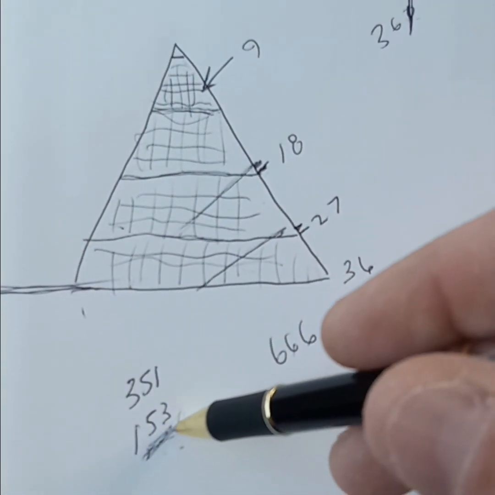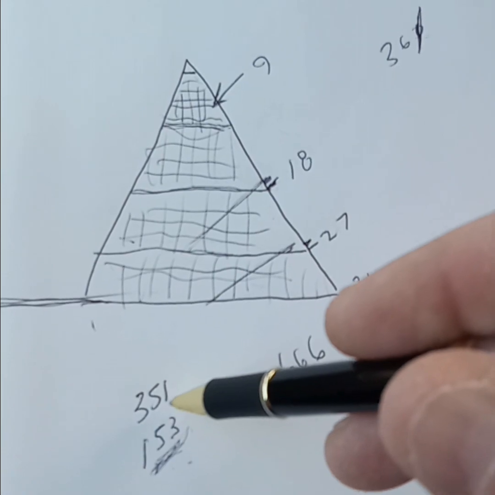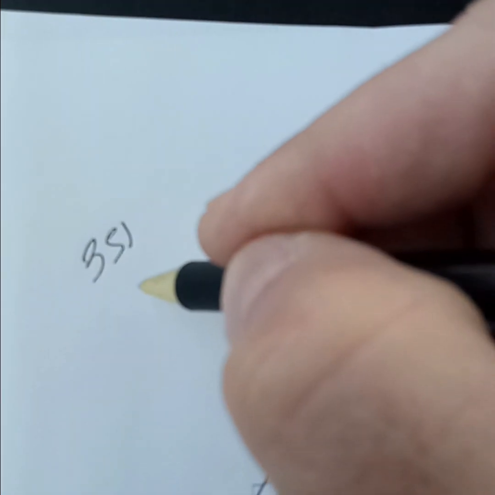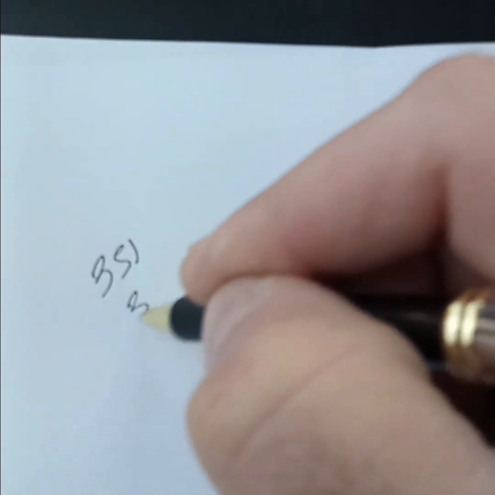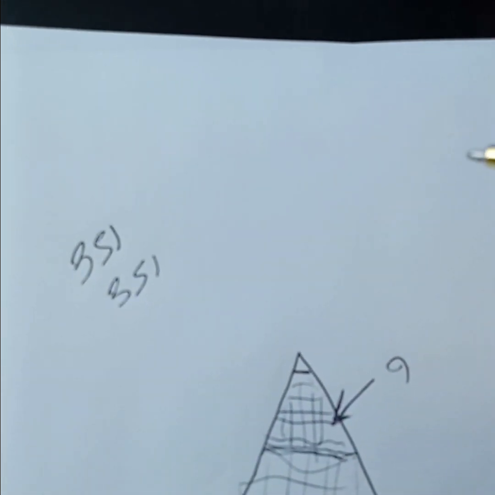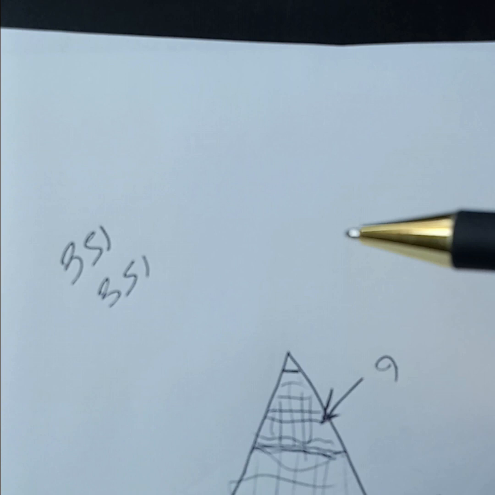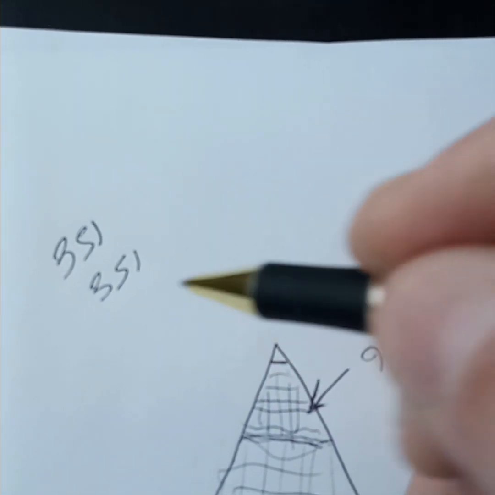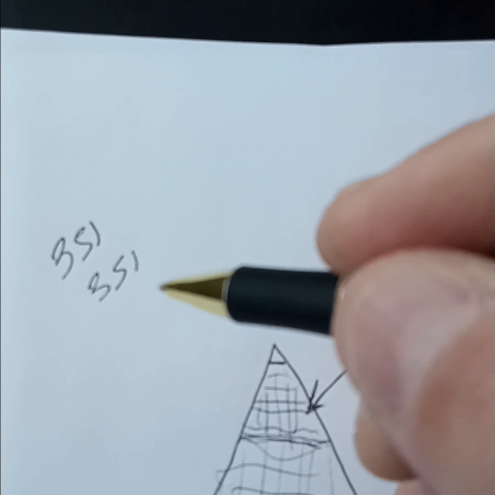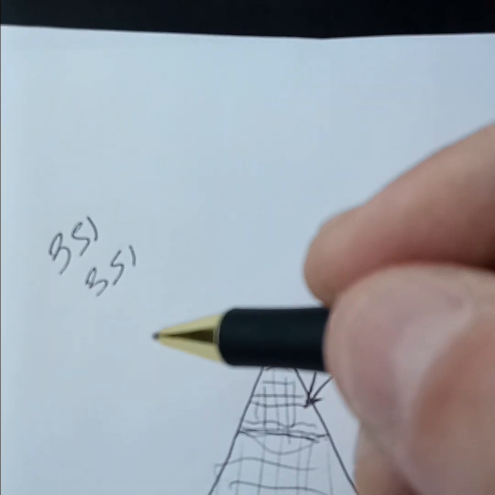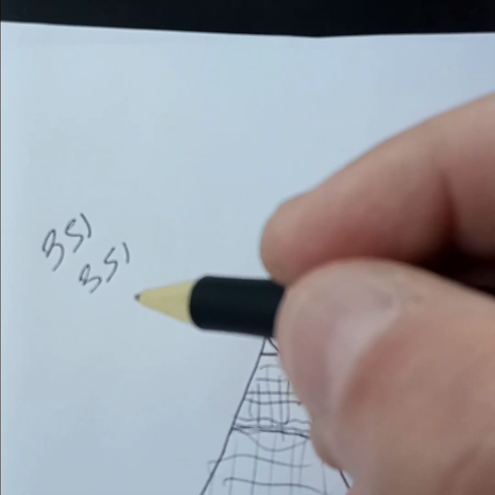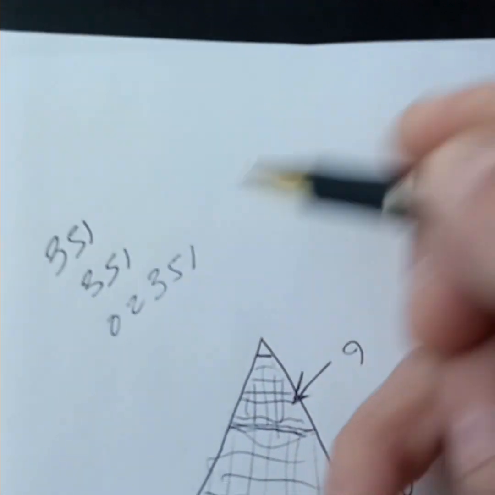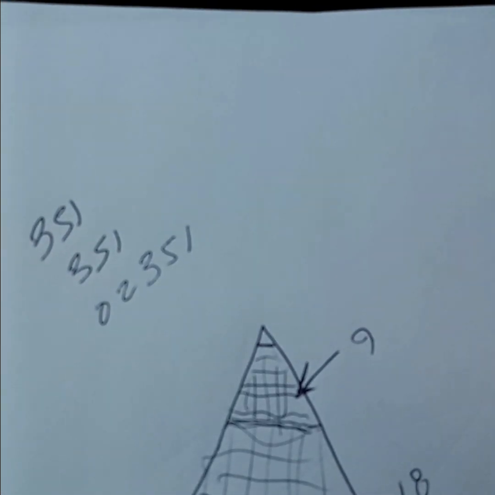So the 153 is biblical. 351. I'm in Massachusetts. There's 351 cities and towns. The area code 351 is in Massachusetts. When you list all of the cities and towns, all 351, the first town alphabetically ends in 351.